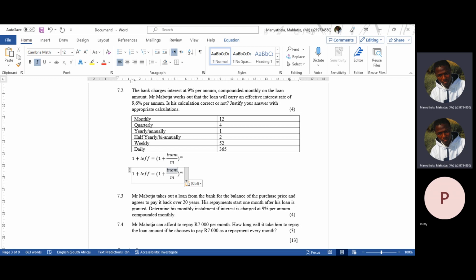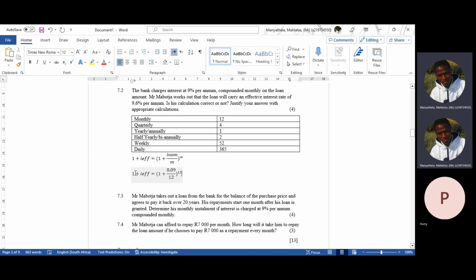So you convert it to decimals: 9 divided by 100 gives you 0.09. So we replace this by 0.09, and then it's compounded monthly, so replace m by 12 and raise it to the exponent 12. So that is the first step.